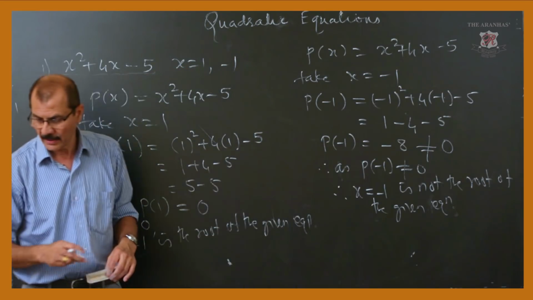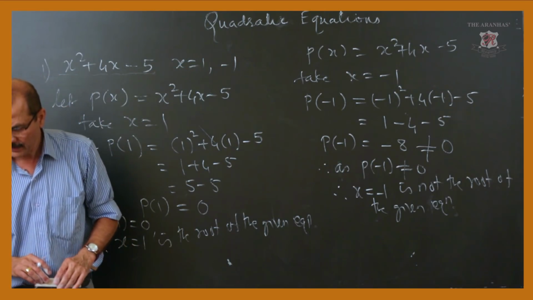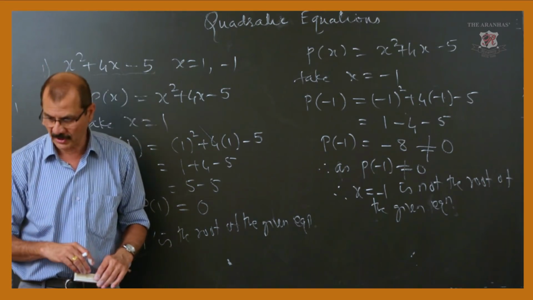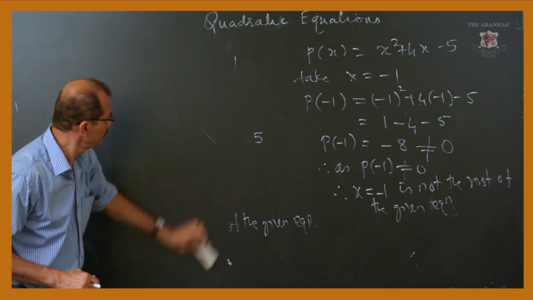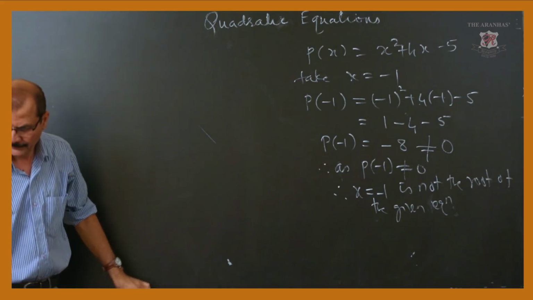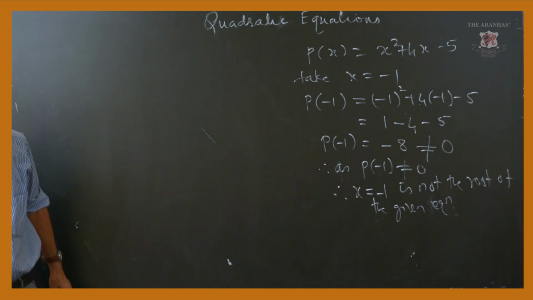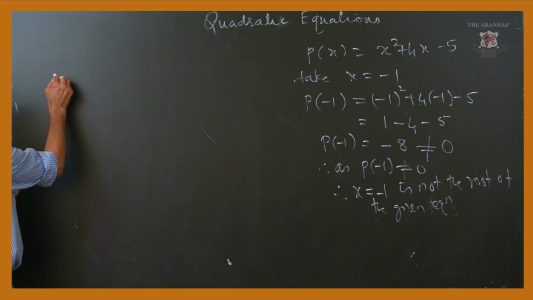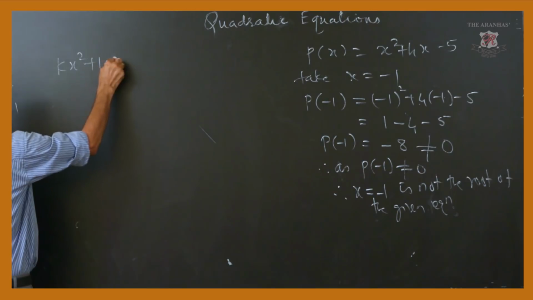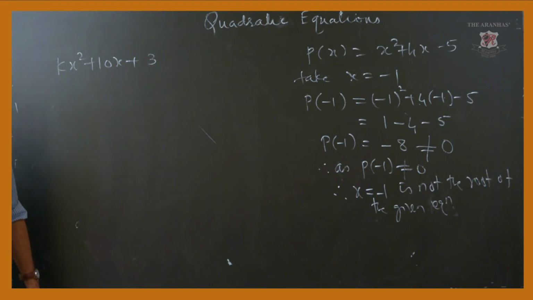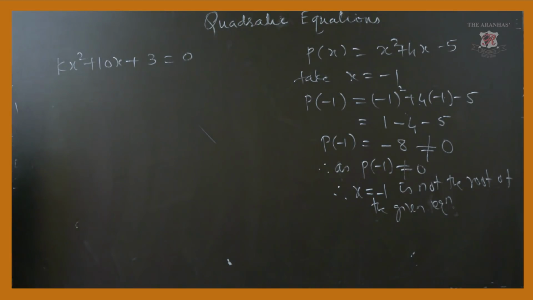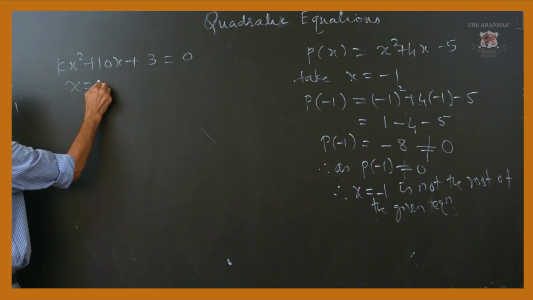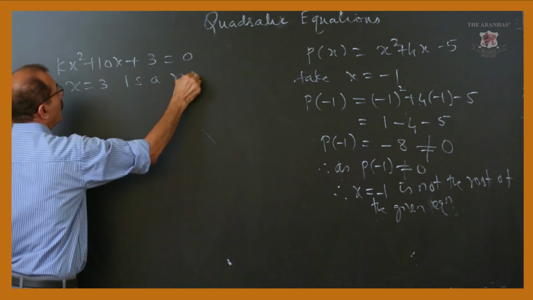For example, see this is on that same page 34, question number 5. I will write that here, the polynomial kx square plus 10x plus 3 equals 0 and x equals 3 is a root.